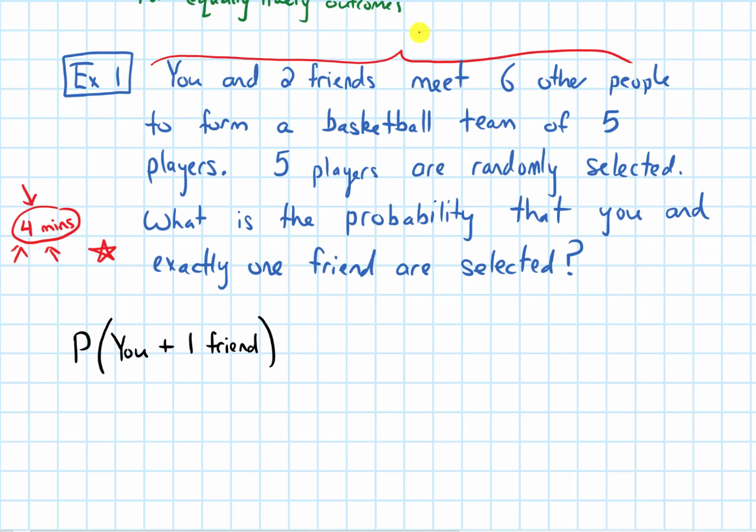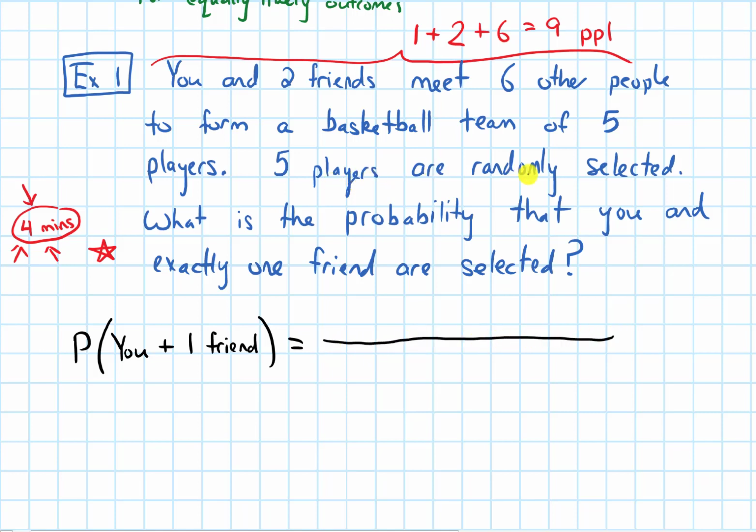So there's you, that's one person, plus 2 friends of yours, so plus 2, and then 6 other people, so plus 6. So that means there's 9 people total. All right, and we want the probability that you make it and exactly one of your 2 friends makes it.